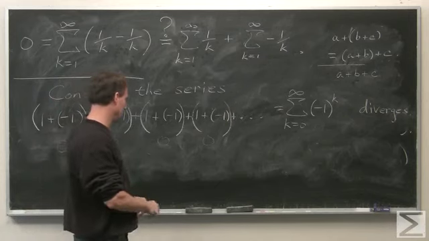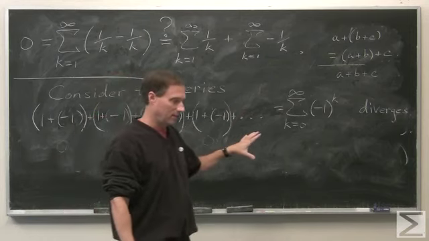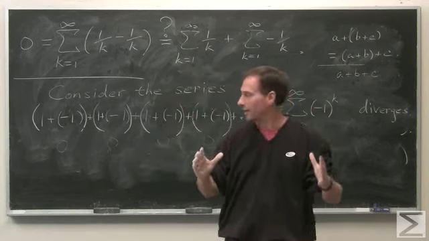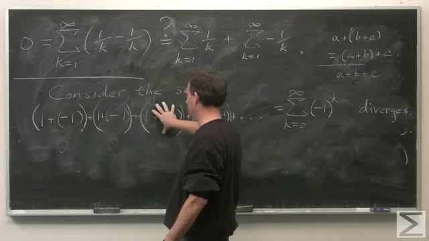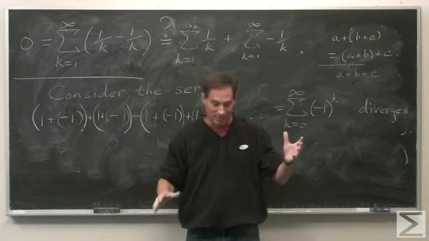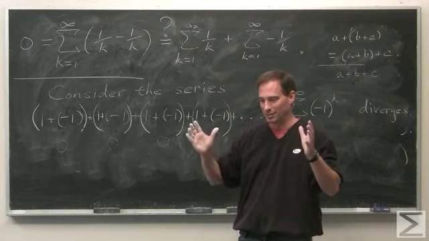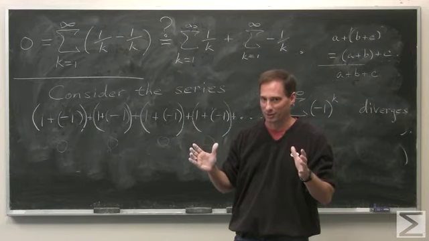Understand what this means: if you have a divergent series, it may be possible, by grouping some of the terms together and considering this group your first term, this group your second term, this group your third term, and so on, to get a convergent series. So inserting parentheses into a divergent sum can make it converge.